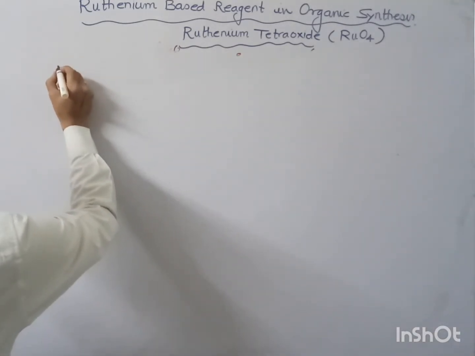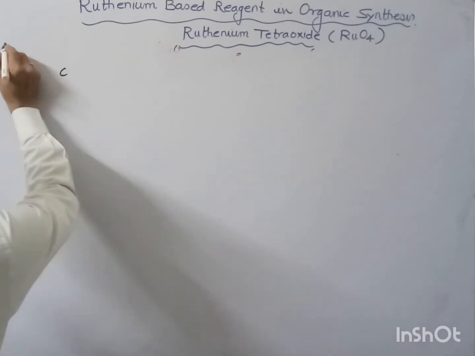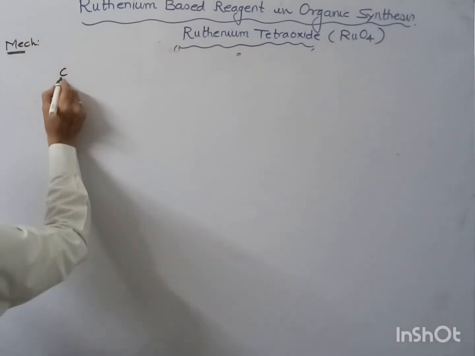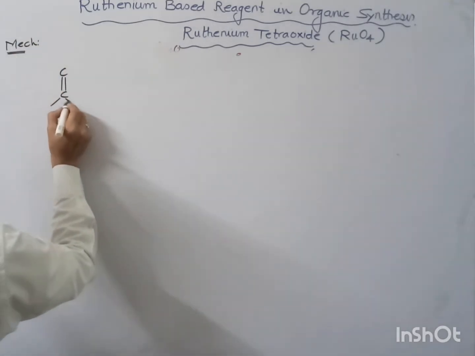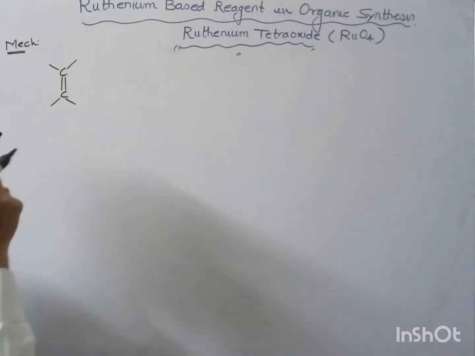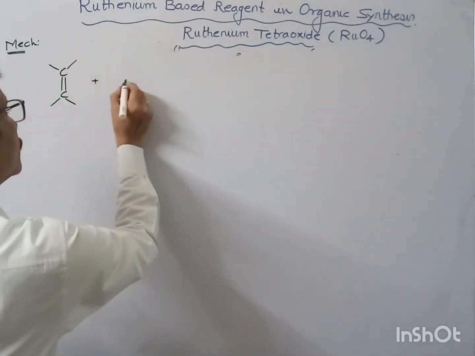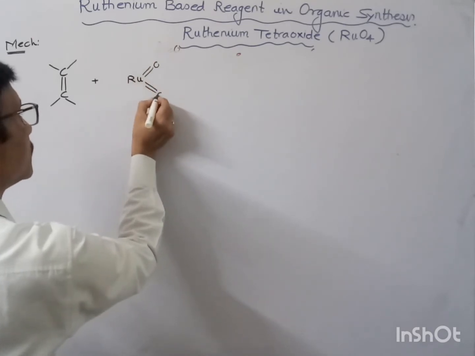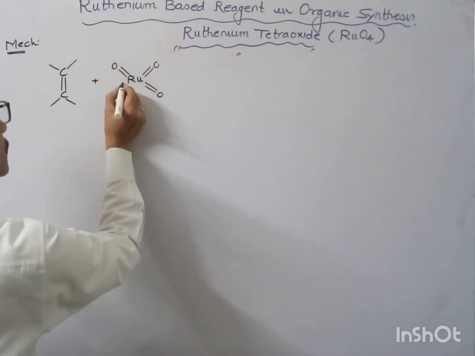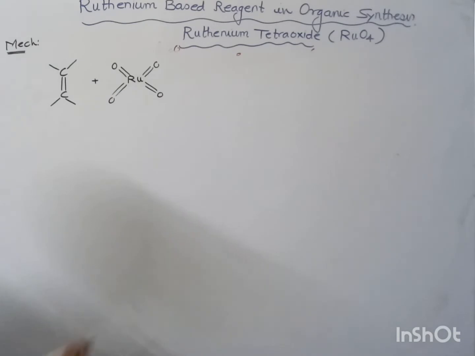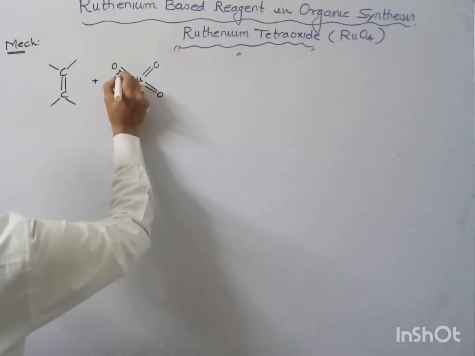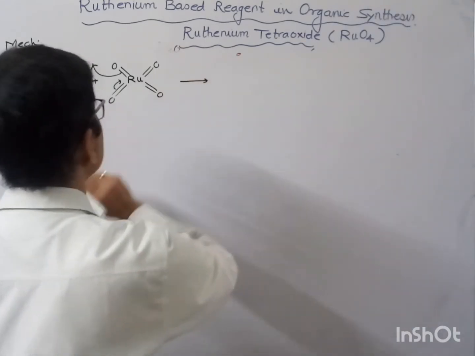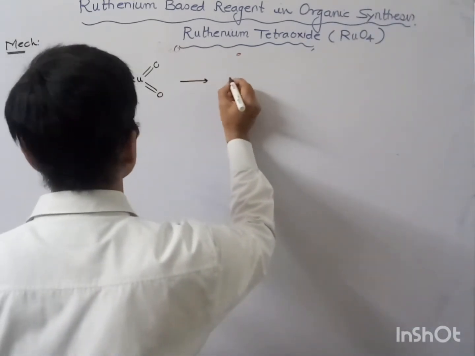Suppose we have this alkene molecule, in the presence of ruthenium tetroxide. It will form a cyclic transition state.